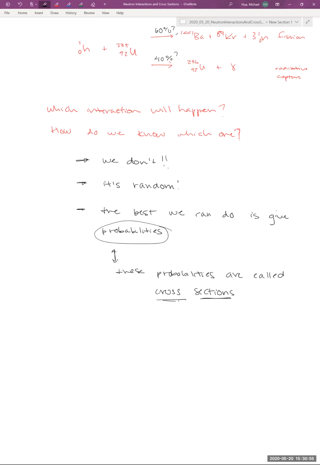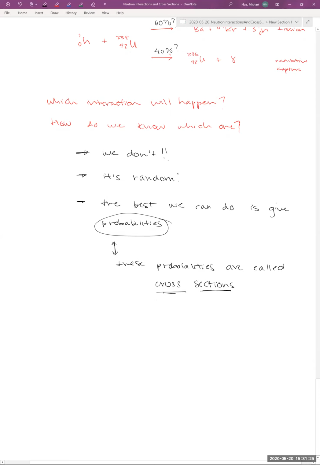I see that I went through this a little bit faster than I thought, so I'll pause for a second to see if there are any questions. Otherwise, I'll start with cross sections, and then we'll do questions again after that. All right.